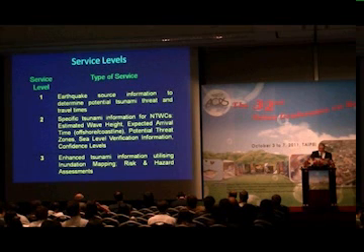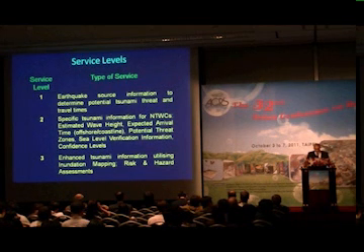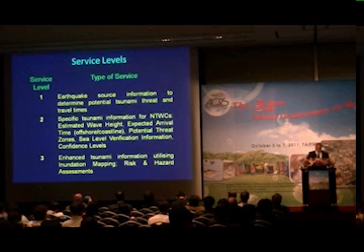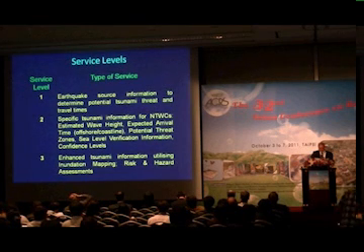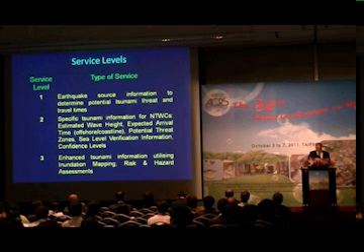This is what we call the earthquake source information, service level 1, which has to go within minutes. The second is specific tsunami information, where you give the expected wave height, expected travel time, potential threat zones, and you also confirm that the tsunami is real, and what your confidence is. And this goes as service level 2.